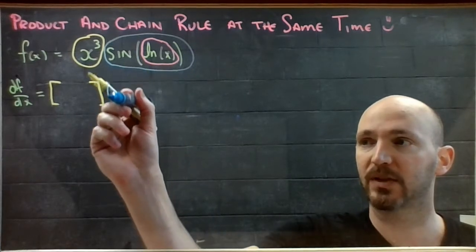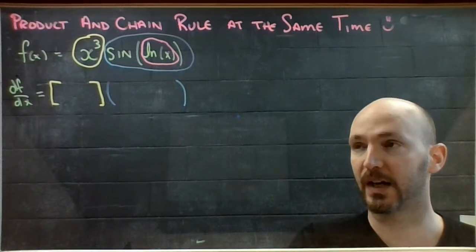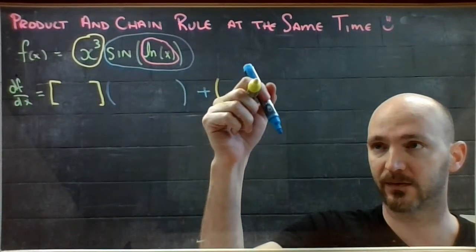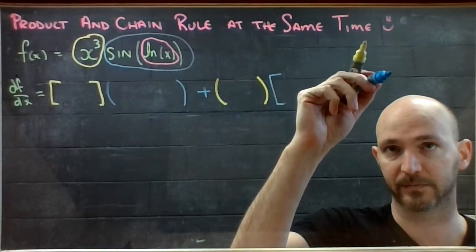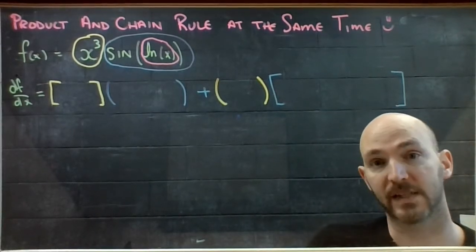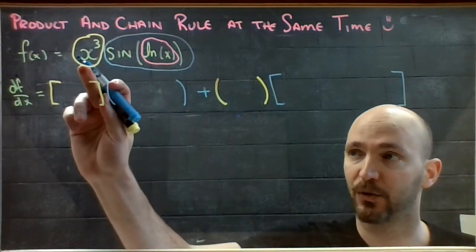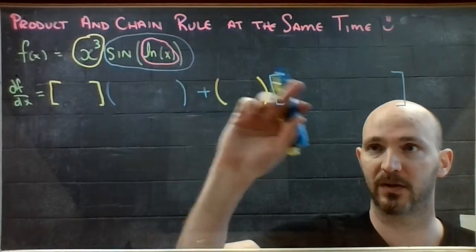And then you leave the second thing alone. To that, you add the first thing left alone, and then the derivative of the second thing. So that's not any different. Because this is a product rule, I need the derivative of this, leave this alone, the derivative of that.